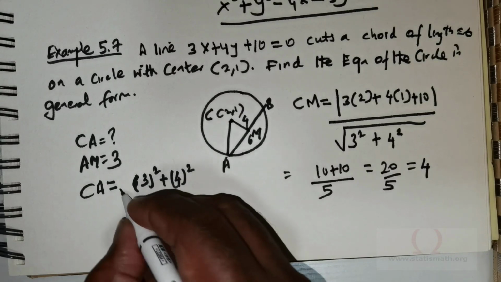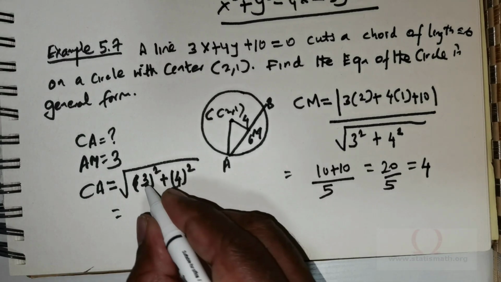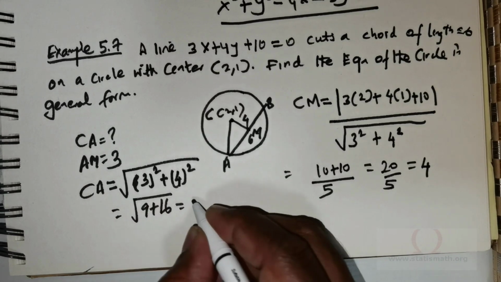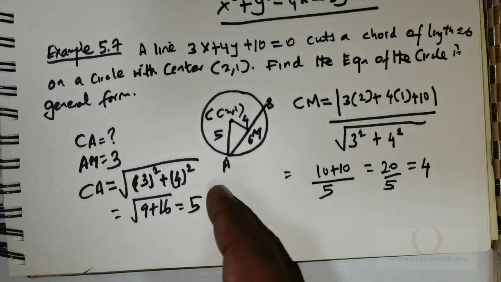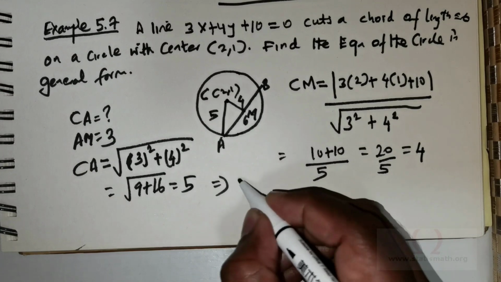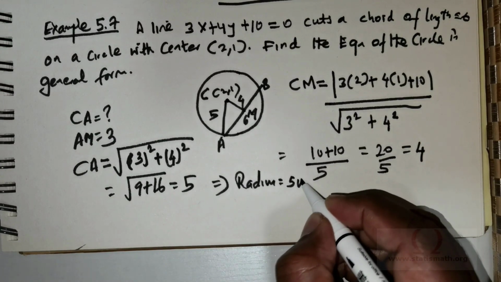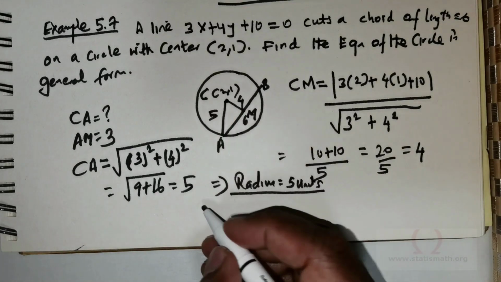We need CA, so we need the square root: 9 plus 16 under the root gives me 5. So my CA is 5. The radius is obtained to be 5 units. So I've got the radius and I know the center.